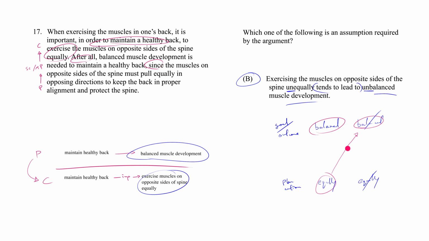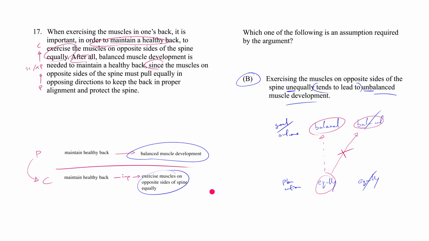But if you do block this, because they're mutually exclusive, you've now strongly hinted at the existence of this. And again, this has to do with just the common sense relationships between these ideas. We are talking about exercising muscles.